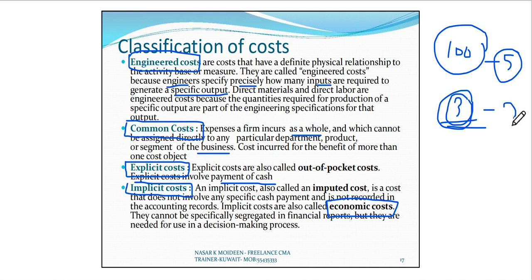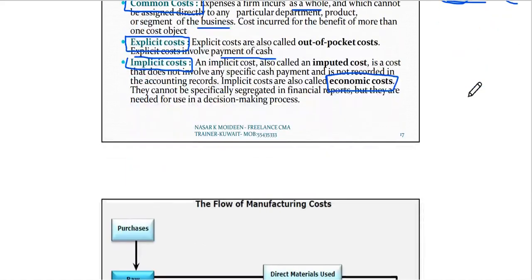So this company actually has a $2 loss. Why? Because he is also considering the implicit cost or opportunity cost. That is why it is called economic cost. Again, we will be discussing economic profit and economic cost later. So this is a short description of all the types of cost.